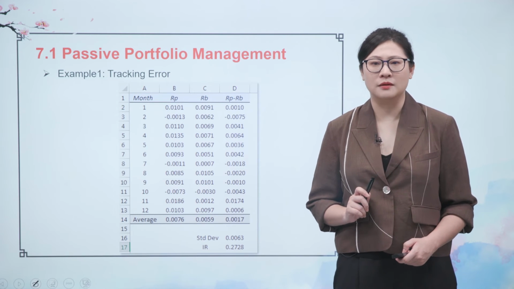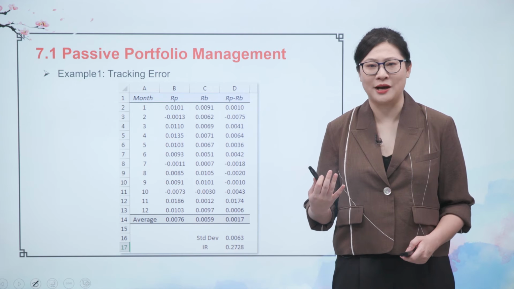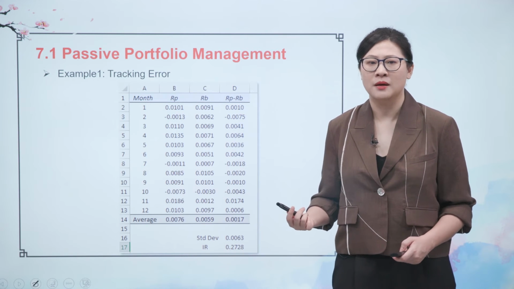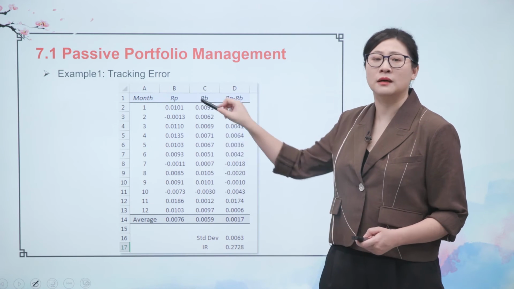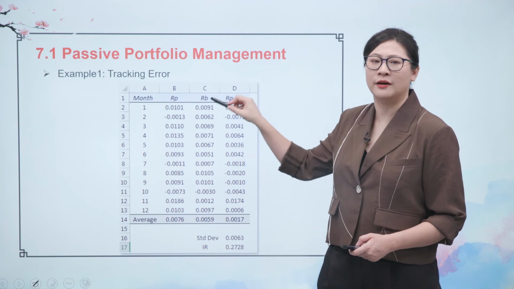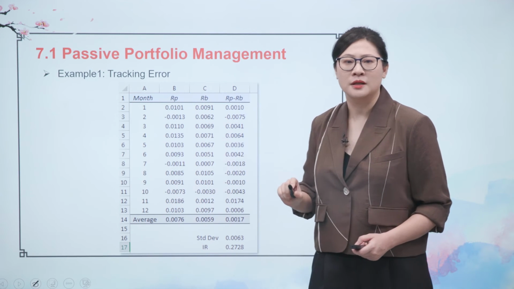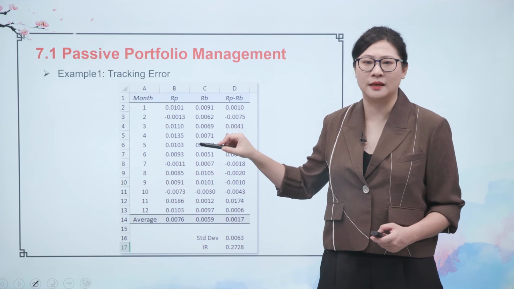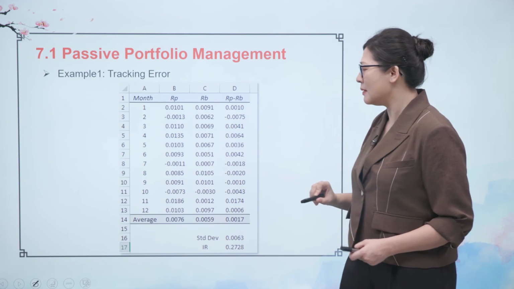Now let's have a look at an example to show you how we can calculate the tracking error using Excel. So now I give you the portfolio return and benchmark return here, both for 12 months. So this is the time series data. I gave you each month's return.